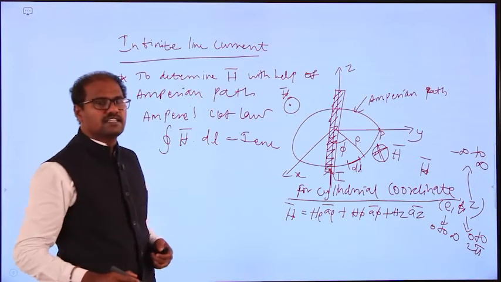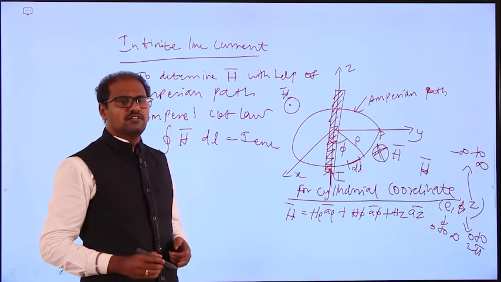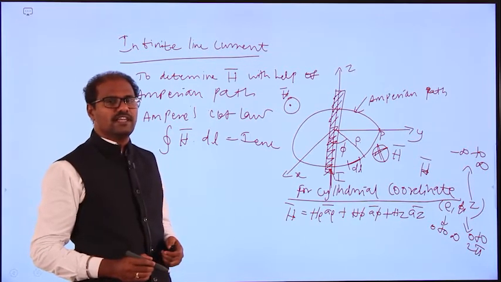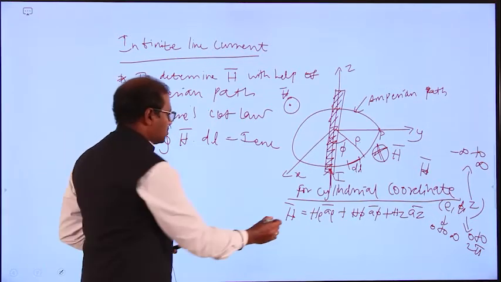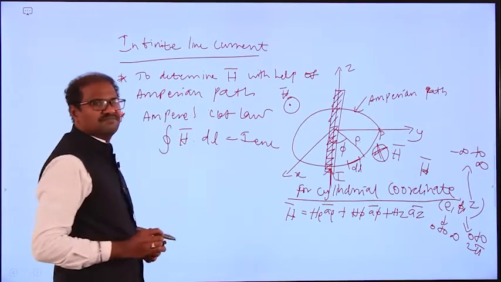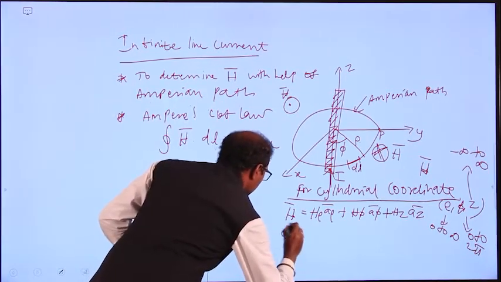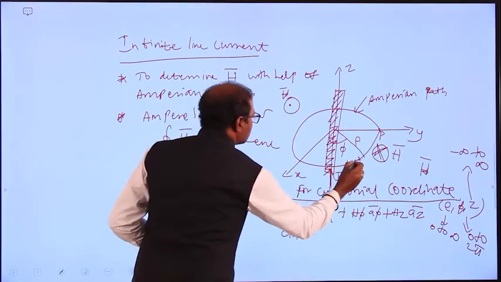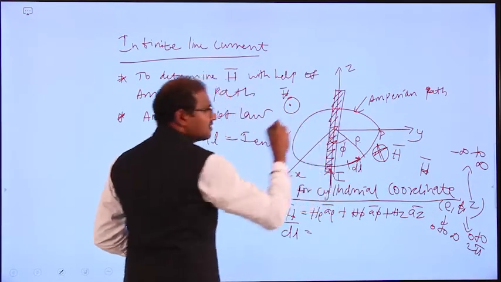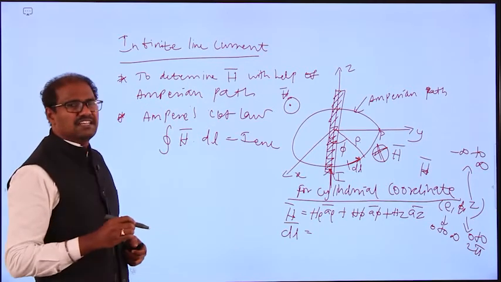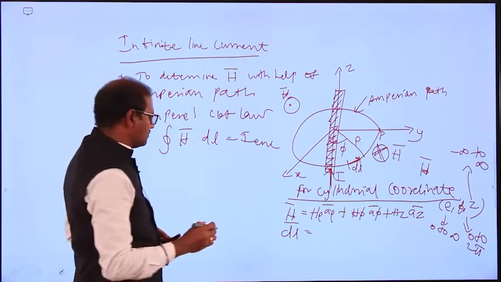This is called H, the magnetic field intensity, magnitude along with unit vector in the rho, phi, z directions. Now what is dl? This is a differential length of the conductor, the differential length element.